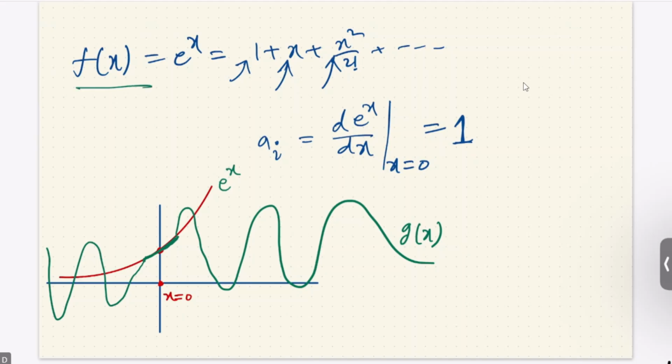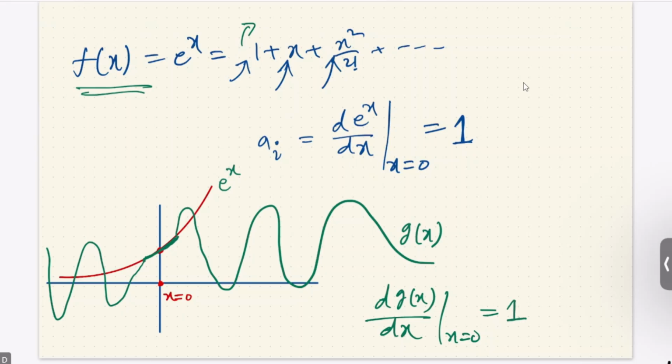Now if you look at this f(x), it is literally using the coefficients from this one only, near x equal to 0. My g(x) is also satisfying this, right? For my g(x), the derivatives, dg(x)/dx at x equal to 0, are also all 1.